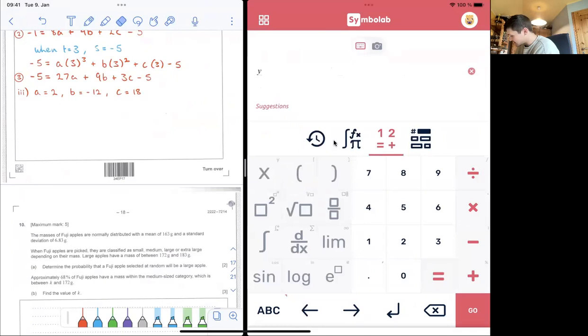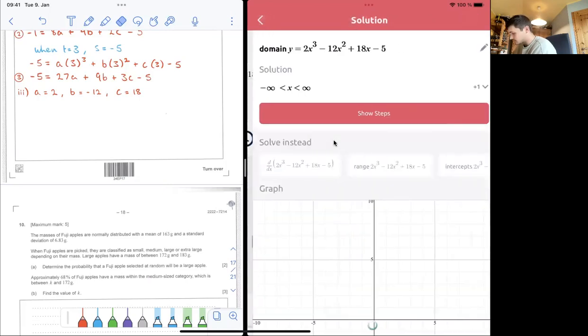So we've got y is equal to, a was 2, so it's 2x cubed, then subtract 12x squared, plus 18x, and then subtract 5. So there is our cubic function.